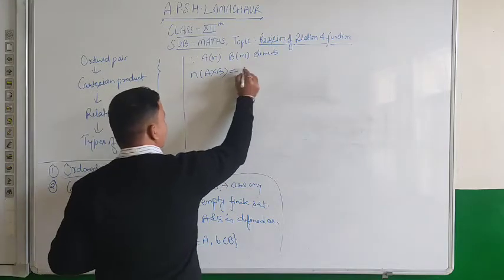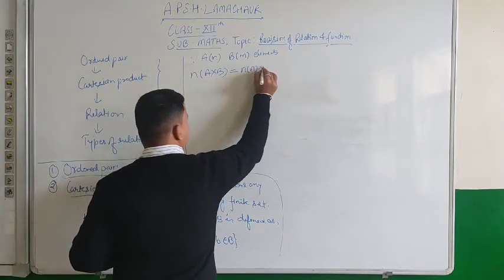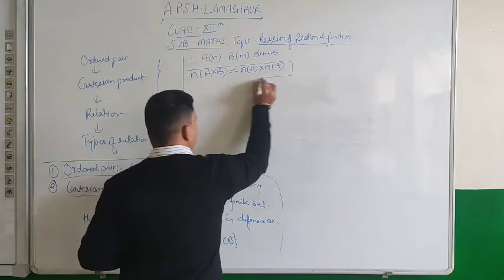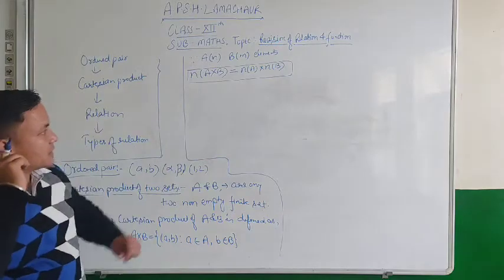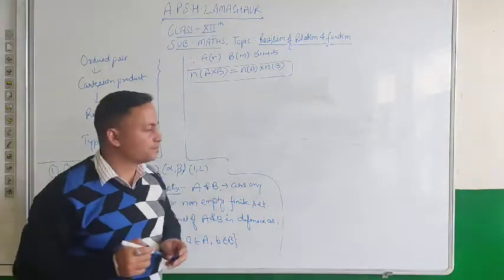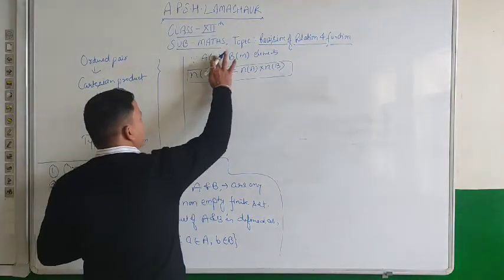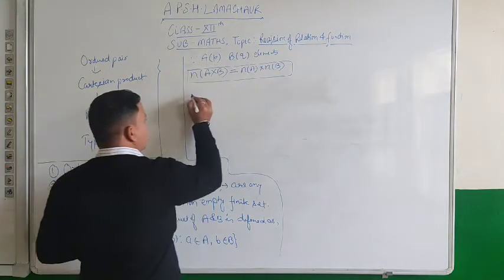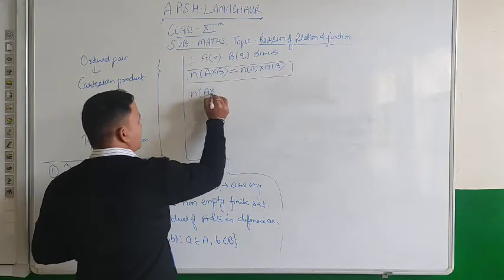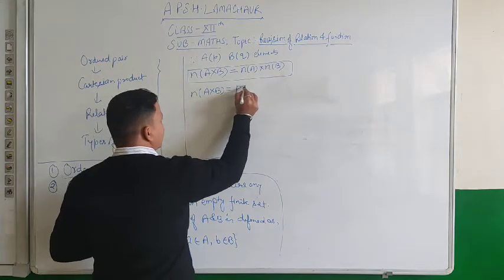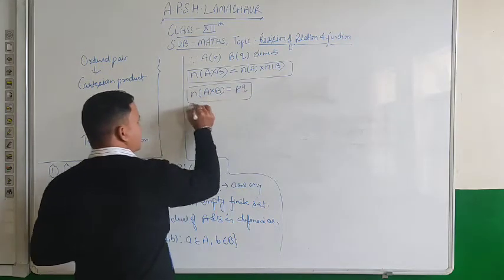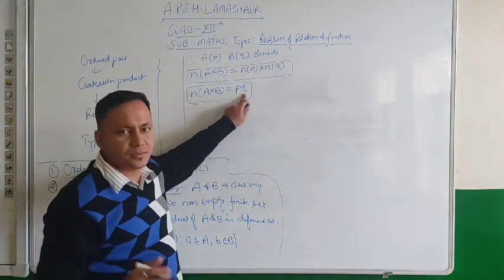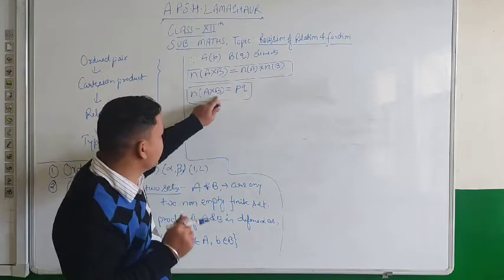It is the number of elements in set A multiplied by the number of elements in set B. So the number of elements in A cross B will be pq, where p is the number of elements in set A and q is the number of elements in set B.